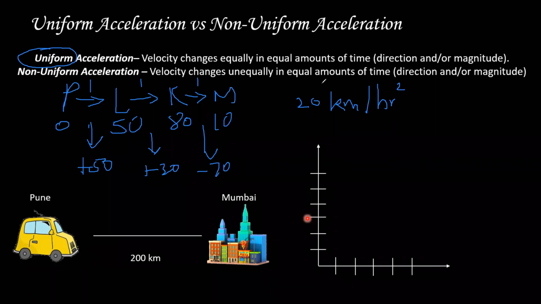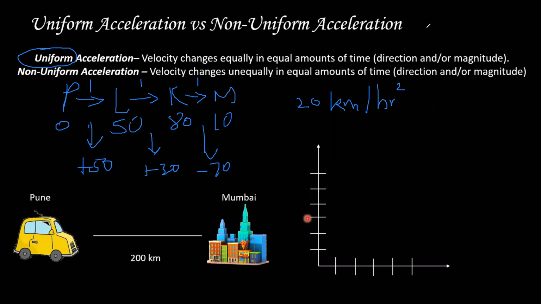For the second hour, I drive at a speed of 100, and the third hour I drive at a speed of 150. That means my speed is uniformly changing by 50 kilometers per hour. But if my speed is like 50, 80, 10, 20, then the way my speed is changing with respect to time is different. It is not increasing by the same amount. So that's why I say it is non-uniform.